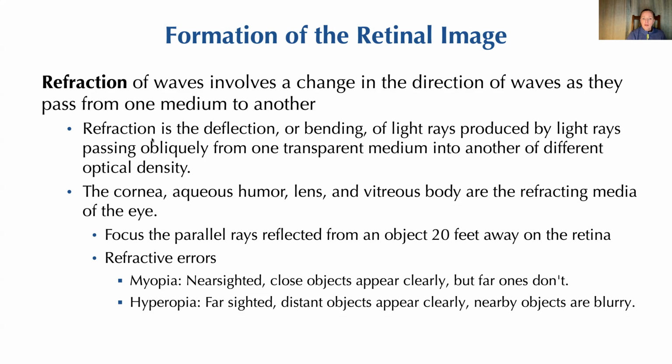The things that bend the light rays are the cornea, the aqueous humor, the fluid there, the lens itself, and even the gel-like vitreous body. All these work together to focus the light rays from an object approximately 20 feet away.